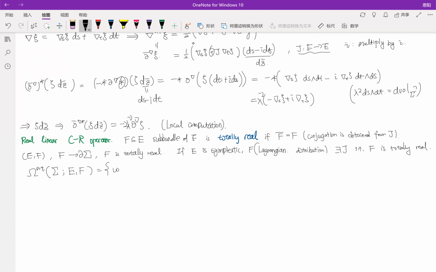That is, a set of differential forms such that it has a boundary condition: omega restricted to the boundary is in the totally real subbundle F, and we write W^{k,p}_F of sigma, E, the associated Sobolev space of sections.